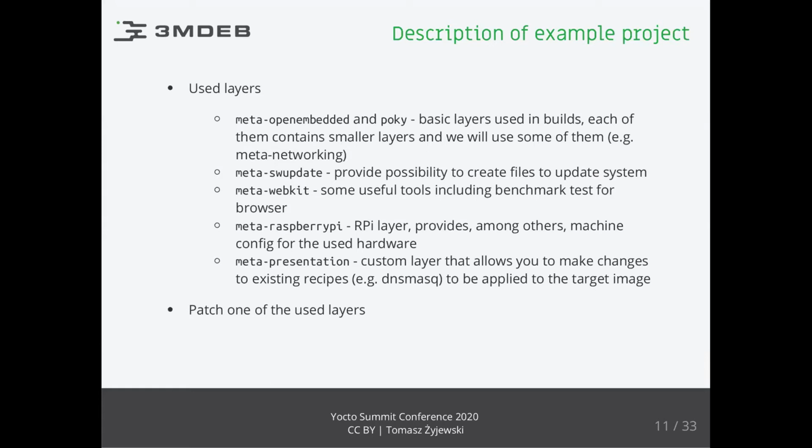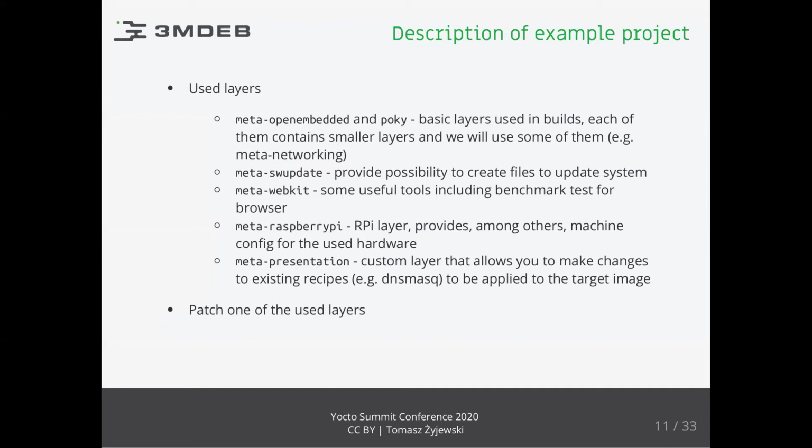Next is Meta WebKit, which provides some useful tools, including benchmark tests for browsers. Another one is Meta Raspberry Pi, a Raspberry Pi layer, which provides, among others, machine configuration files for the used hardware. And last will be our custom layer, which I named Meta Presentation.